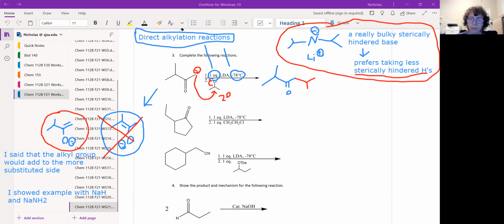So we're going to form an enolate here. Our substrate is this ethyl chloride, which is primary. So this works fine for an SN2 reaction. And we get our product where we add an ethyl group to the alpha position.